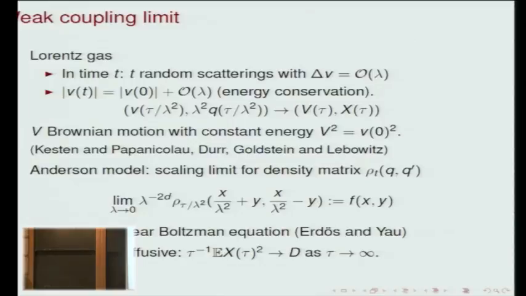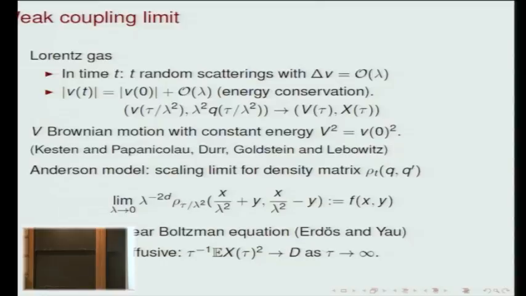So you expect that in time 1 over lambda squared, the velocity becomes random, and of course by conservation of energy the total speed doesn't change. So what you expect on that time scale is that the velocity becomes a Brownian motion on the constant velocity sphere, and then the particle position is whatever comes from such a velocity.